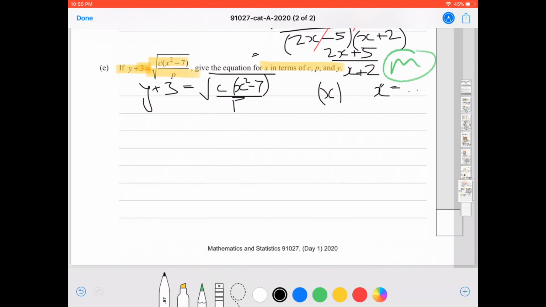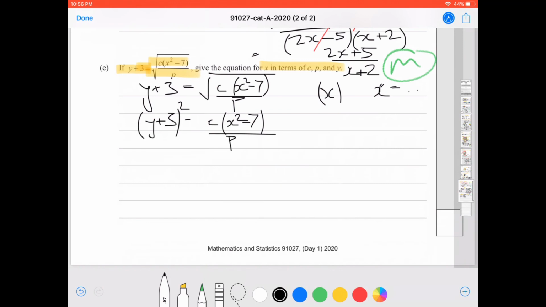Okay, so the first thing we can do, well, we've got the square root, so we're going to be squaring on both sides is the first thing to do. So this is y plus 3 all squared. Obviously the opposite of square root is squaring, and we're left with cx squared minus 7 over p.